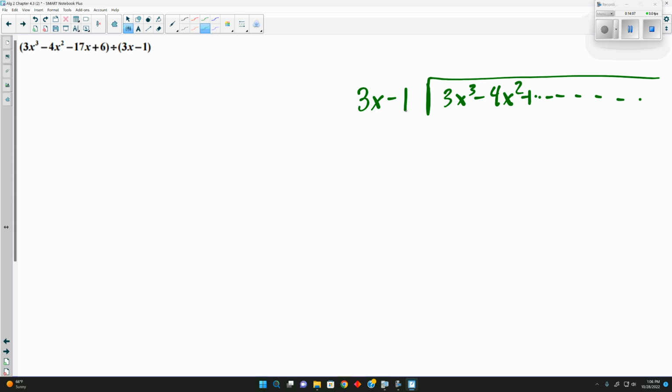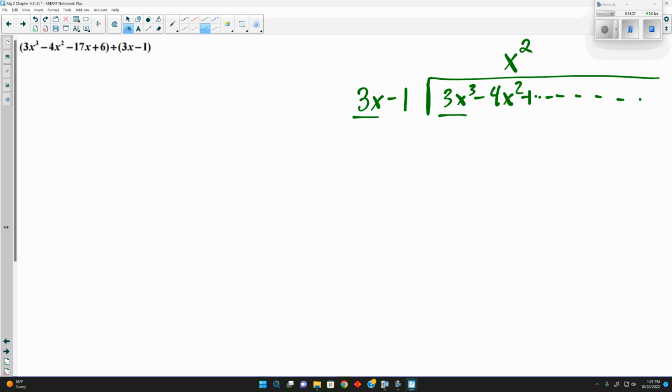Out front we have 3x minus 1, yes? So with long division, the first thing we would see is what times 3x gives me 3x cubed. Just x squared, yes? And the number in front of it would be 1, yes?